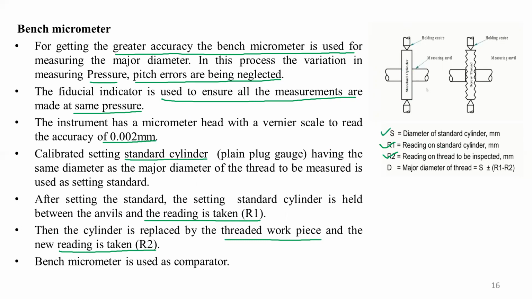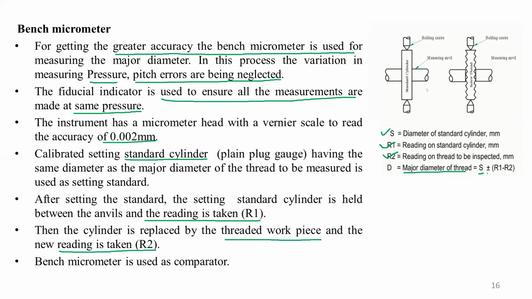And S is the diameter of the standard cylinder, which is approximately equal to the size of the major diameter of the screw thread. Therefore, the major diameter of the thread is equal to the size of the standard cylinder S plus or minus the reading R1 minus reading R2.